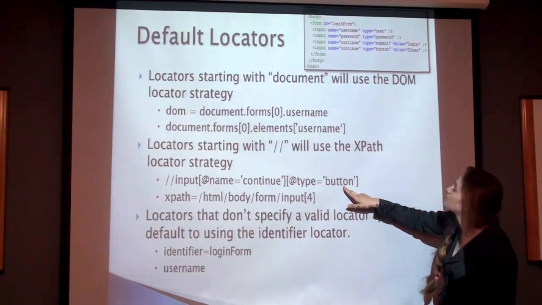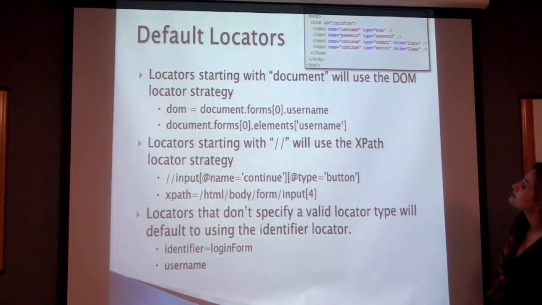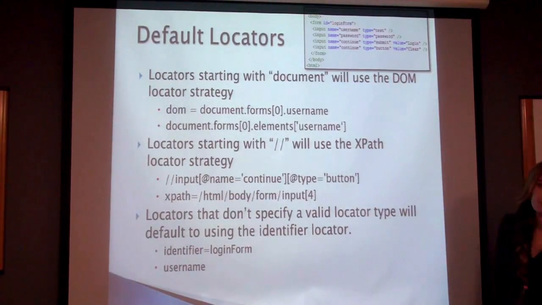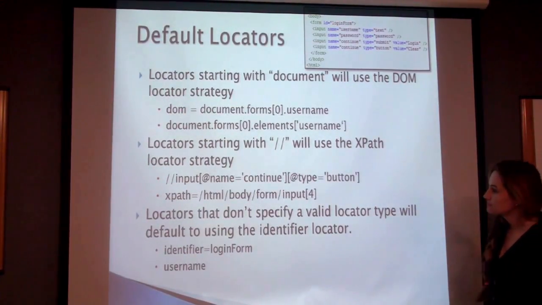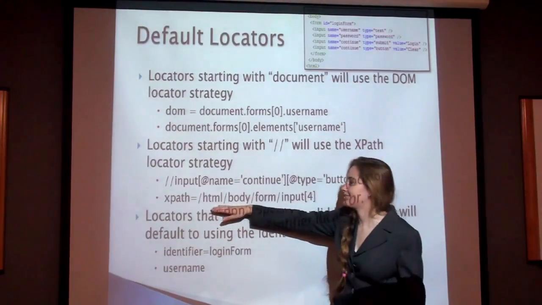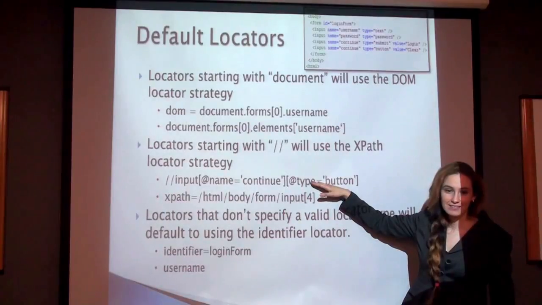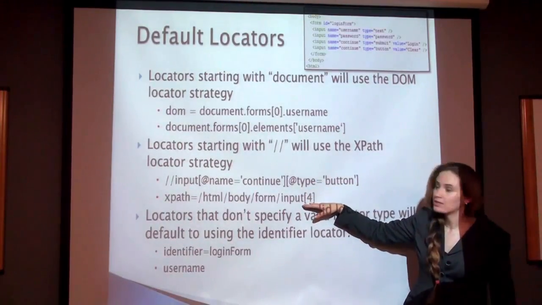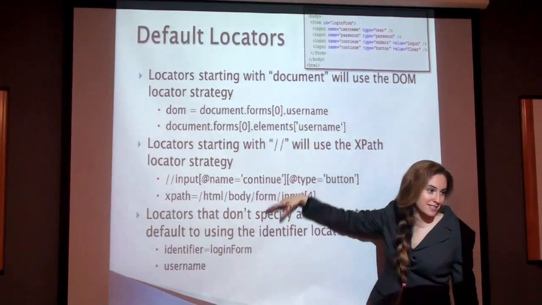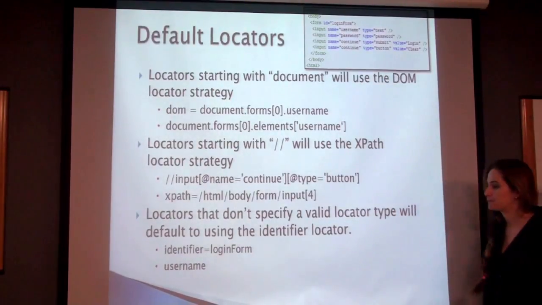So which line? The last one. Last input. What about this one? Same line. It's the same thing, right? Looks very different, but yeah, same thing, two different ways to put it.